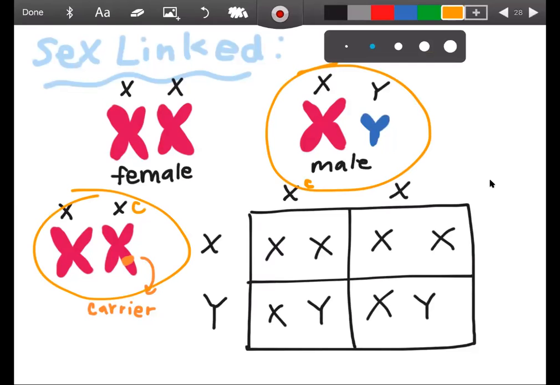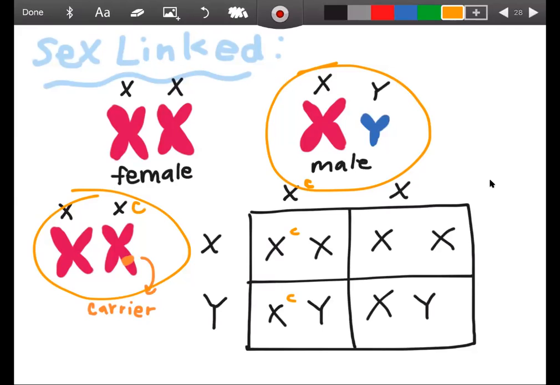But because one of the X chromosomes on the female had the carrier gene, there's also a 50% chance that the female being produced would be a carrier. And there's also a 50% chance that the male offspring would have the disease.